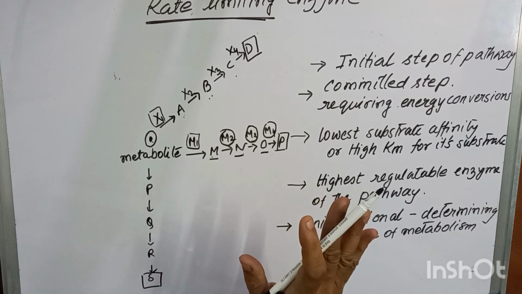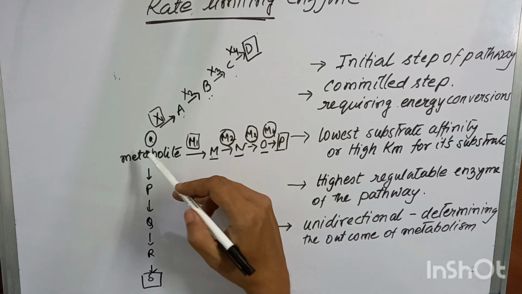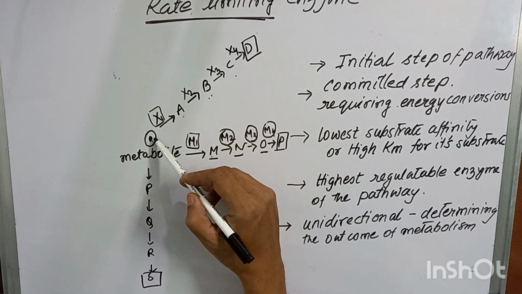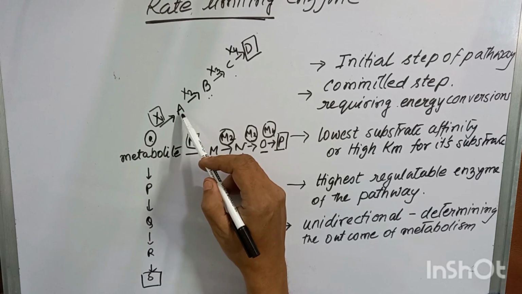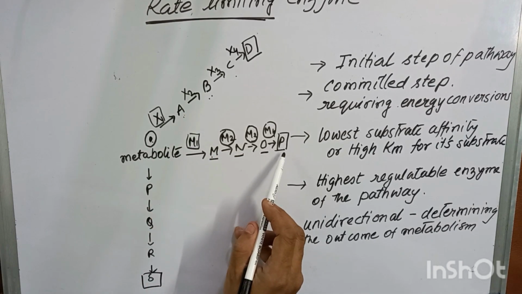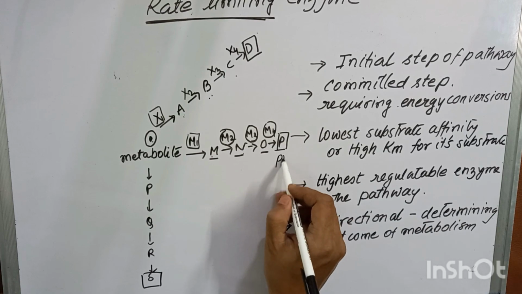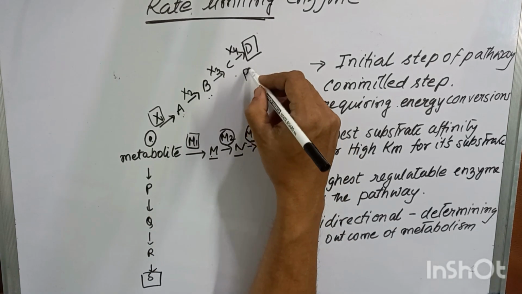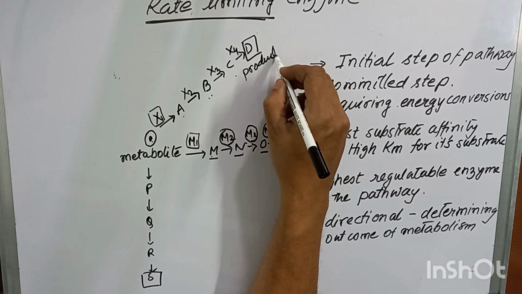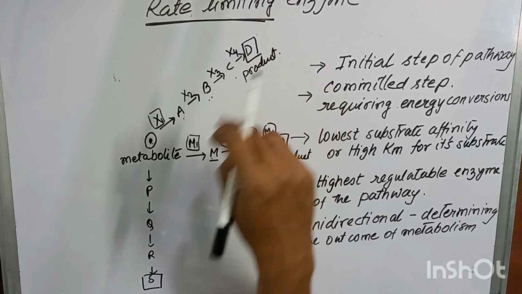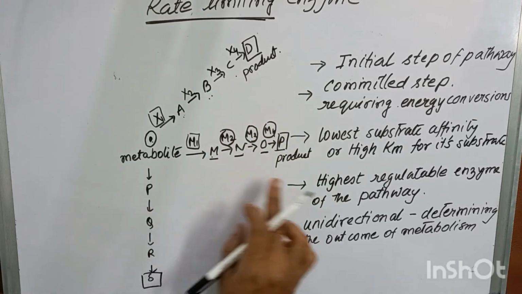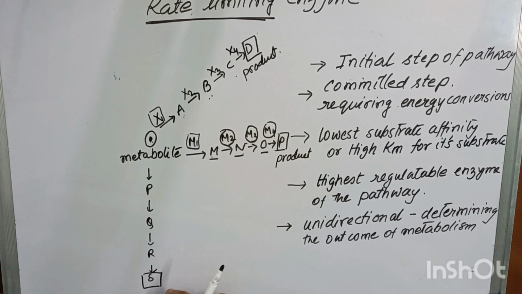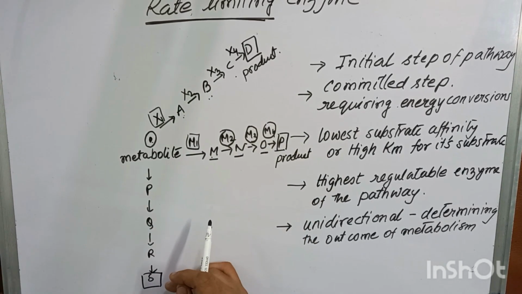If we want to run this pathway, we have to first convert O to A. Say we need P as a product, or we need D as a product. If we need D as a product, we have to run this pathway. If we need P as a product, we have to run this pathway. If we need S as a product, we have to run this pathway.